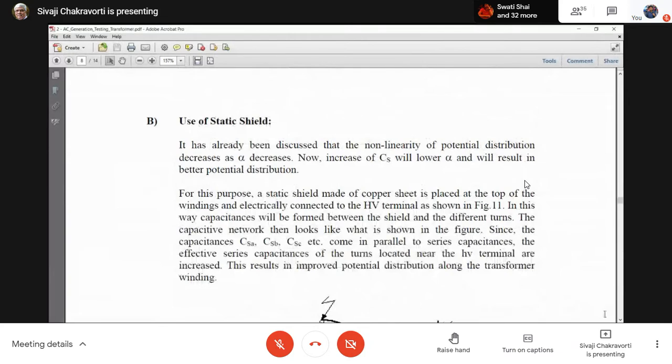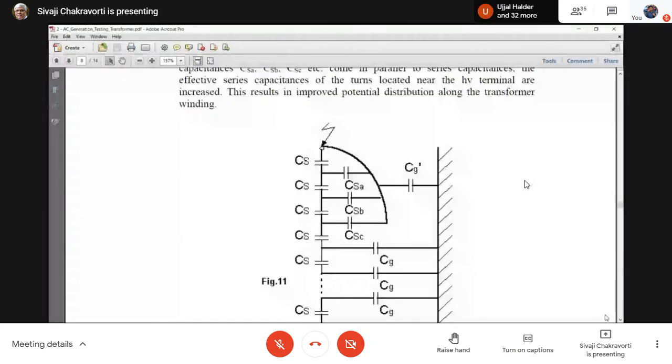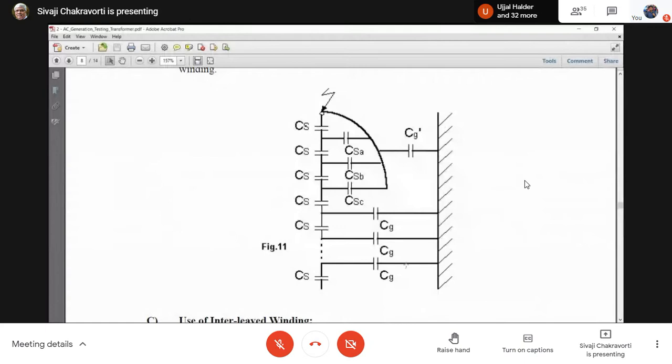What is it? It is something like this. Say I have drawn it in a vertical way. The right side is the tank, which is shown to be earthed. Then these CS are the winding capacitances of different turns, or sections. What we are doing is, from the high voltage terminal, a metallic connection is made around the initial part of the winding.